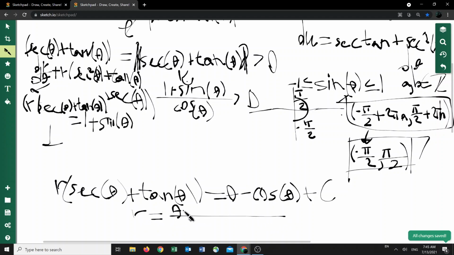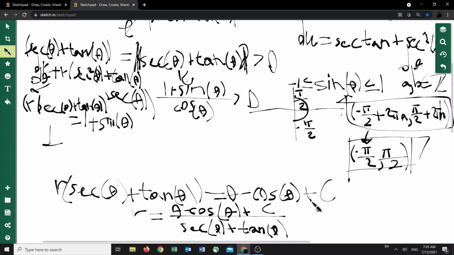And solving for r, we finally get theta minus cosine theta plus c over secant theta plus tangent theta. And this solution does not have any transient terms, because whenever we let theta go to infinity, cosine and sine are wave functions, so they don't approach a single value at infinity.